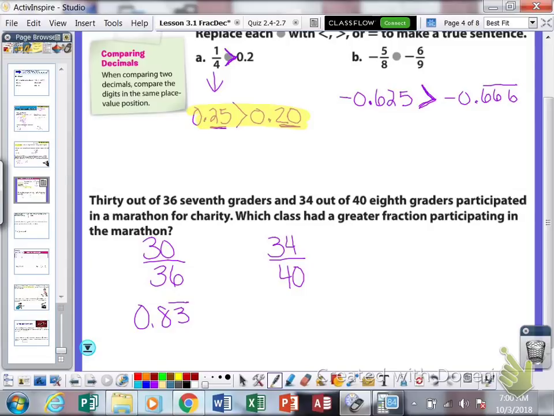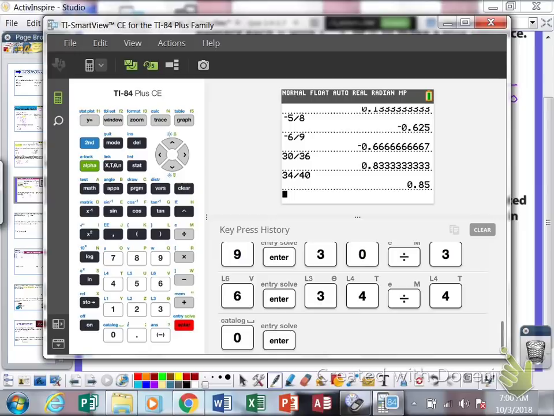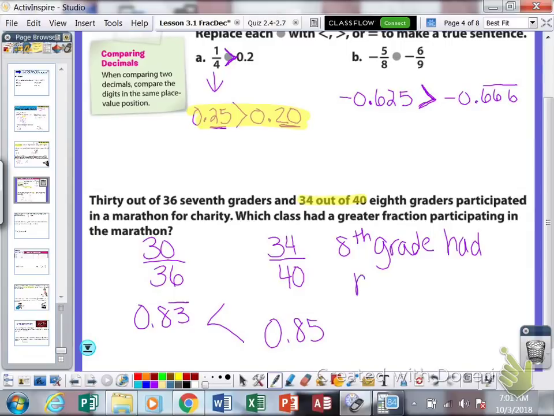And then 34 out of 40 is 0.85. And obviously 0.85 is greater than 0.83 repeating. And the 34 out of the 40 represented the 8th graders. So 8th grade had more participants.